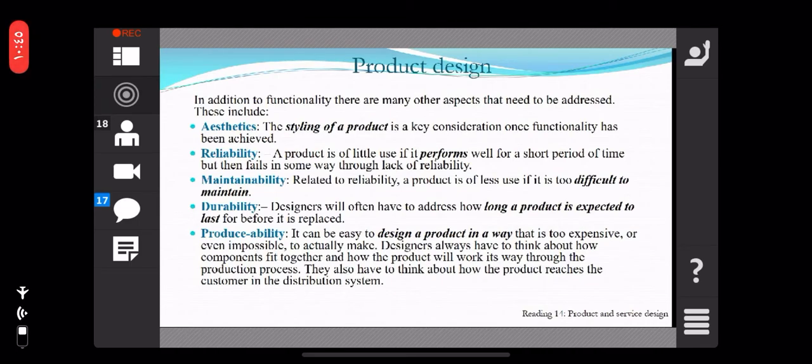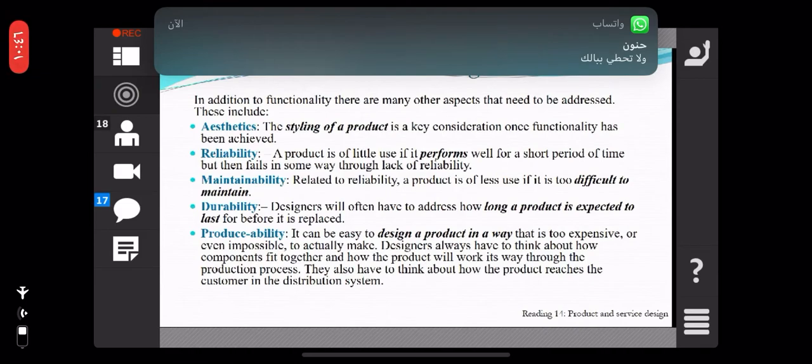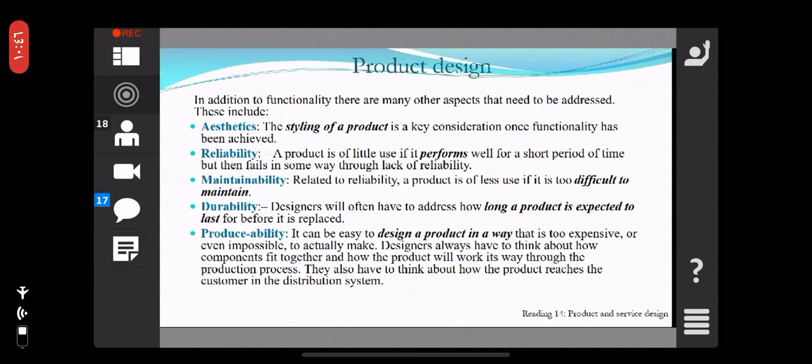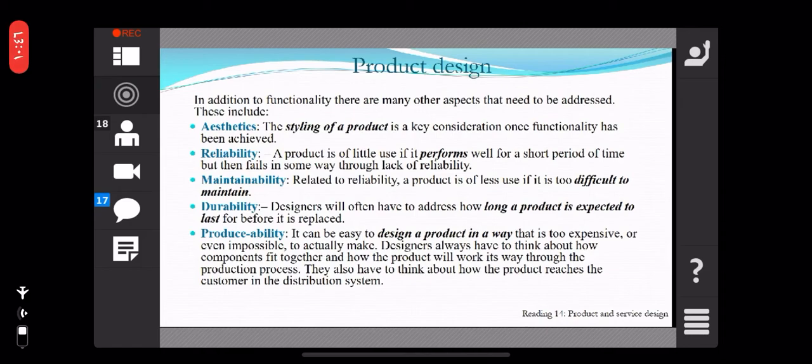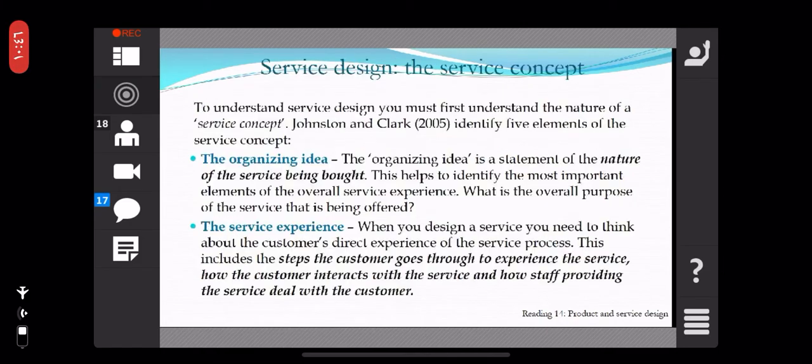So for product design, these are the functions: aesthetics, the styling of the product; reliability, the performance of the product; maintainability, how the product is maintained; durability, how long lasting the product is; and producibility, because a product designed in a way that is too expensive or impossible to make cannot be produced. So these are product design.